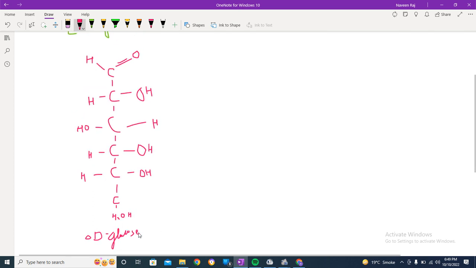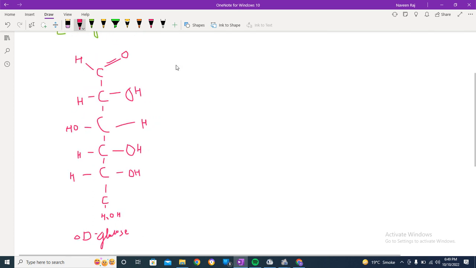Now we're looking into L glucose, making it green. 1, 2, 3, 4, 5, 6. The topmost things would be the same in any case because they are aldoses, and this would be CH2OH, constant.